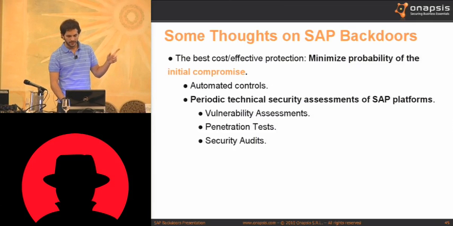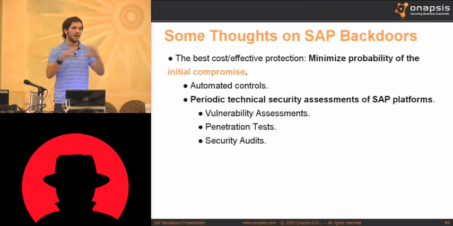Something important I want to stress is that usually when you get an audit of your company's SAP system, auditors just look at the production system and maybe the production client. We have found most of the time that it's possible to attack the development system, which usually has weaker security settings, and then jump to the production system.